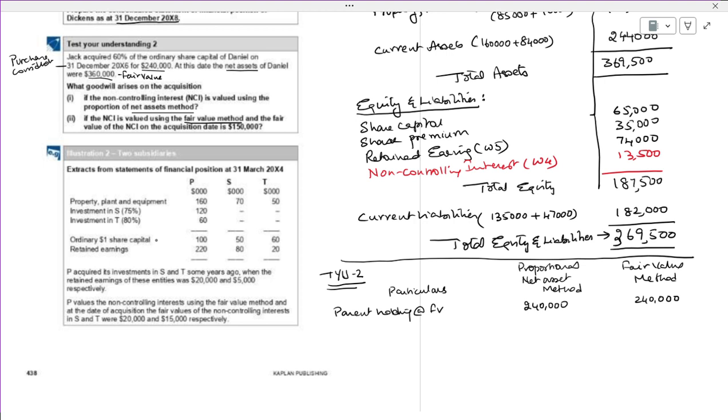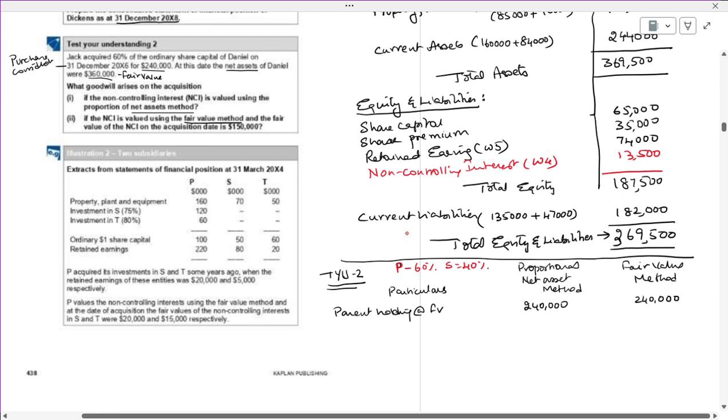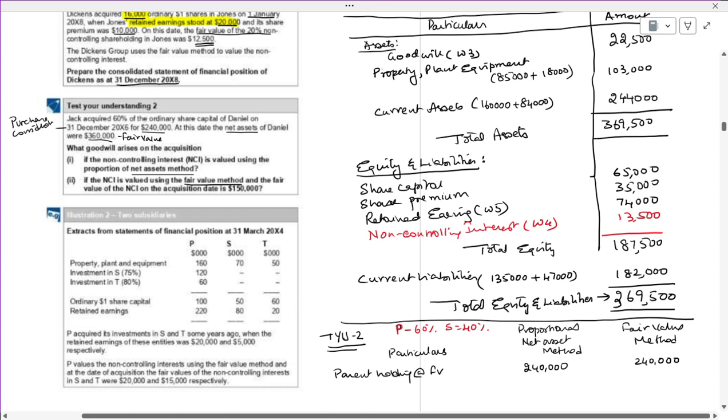The parent is 60 and the subsidiary is 40. Subsidiary net assets are how much?